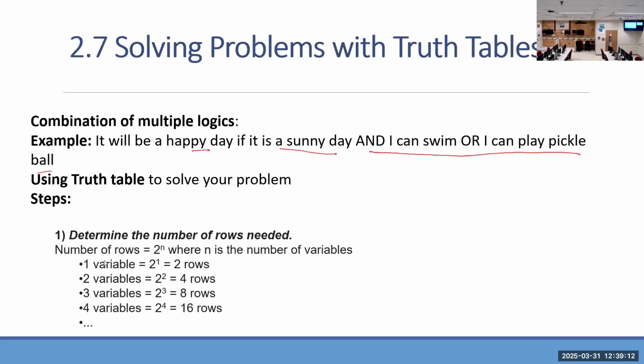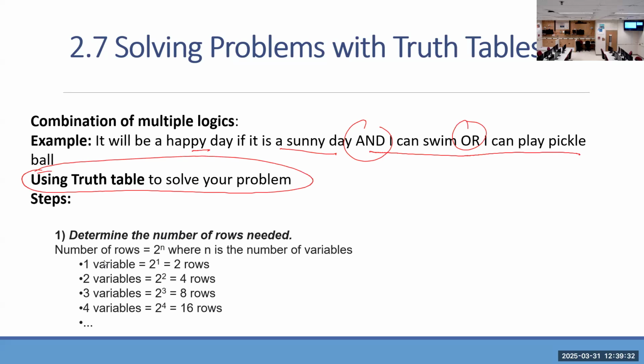So see, this is a combination of AND and OR. It's not only AND and OR. So in real life, sometimes you have a combination of multiple logic gates. In that case, it is better to use the truth table to solve the problem.